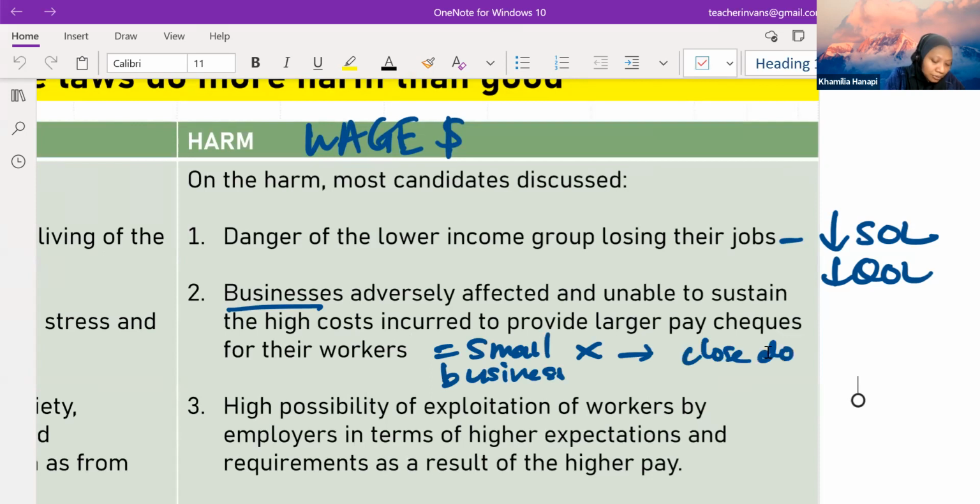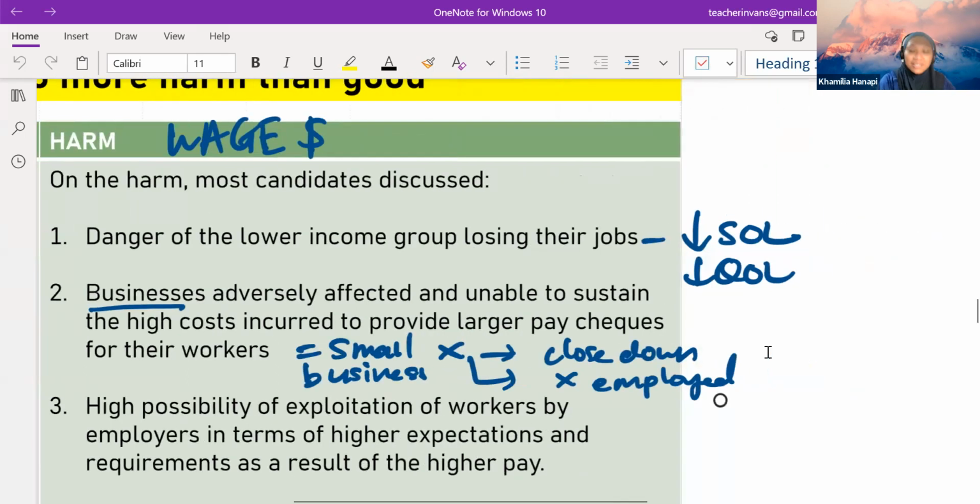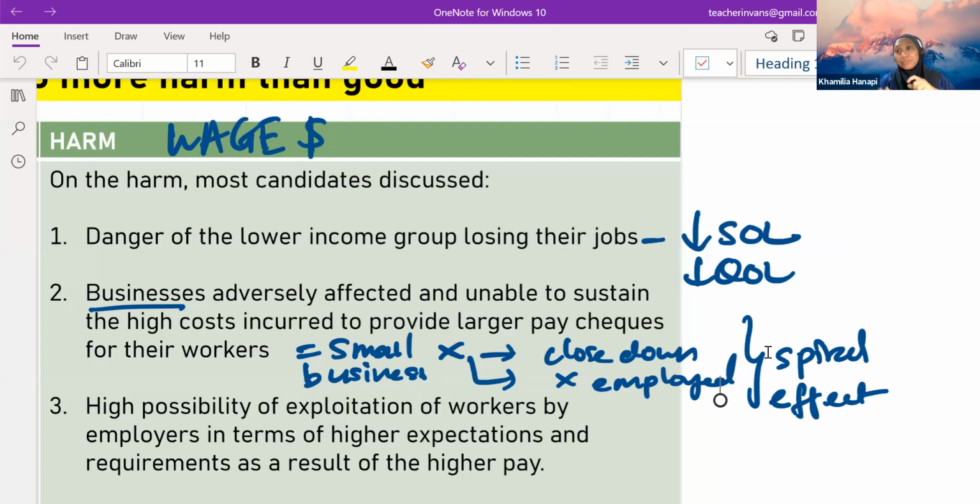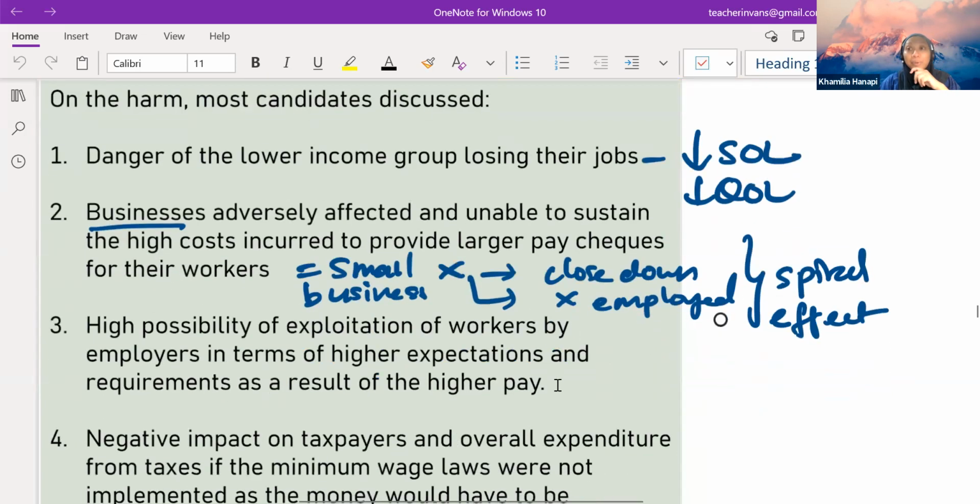And when they close down, they have to get rid of the people they employed who are on minimum wage. So it leads to, use this kind of words, a spiral effect. Write it down somewhere. It leads to a spiral effect, because it becomes worse and worse and worse.